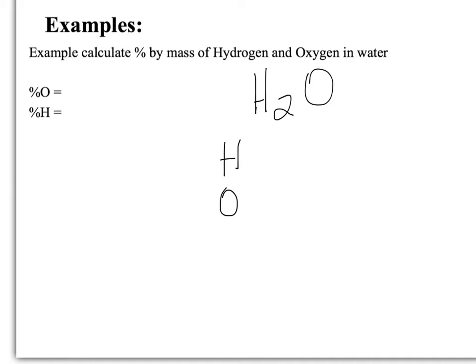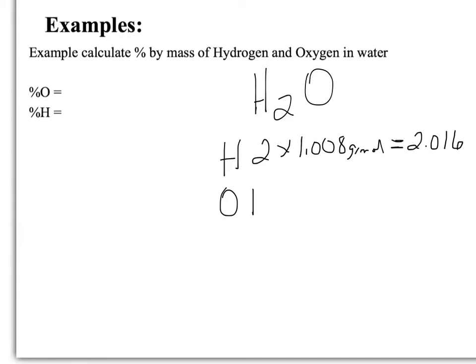So how many hydrogens are in this compound? 2. And what's the mass of hydrogen? It's units of grams per mole. Okay. So then what would that give us for our total mass of hydrogen? 2. Okay. Grams per mole. I ran out of room, but you don't have to put the units for this.